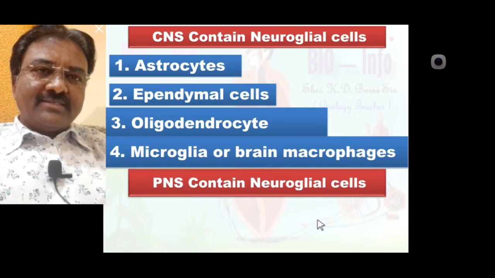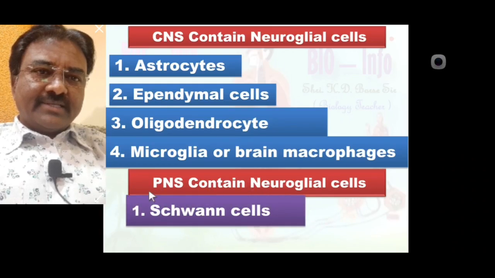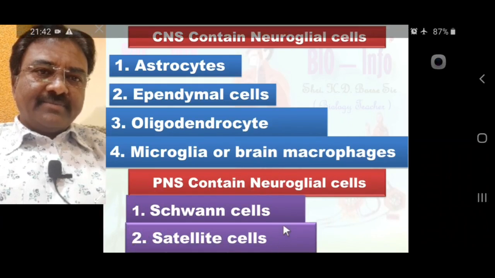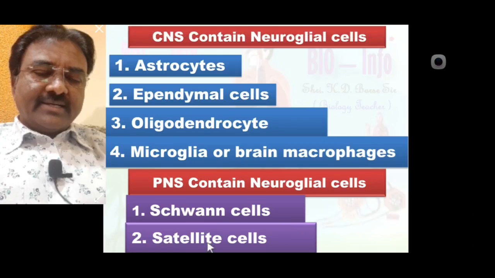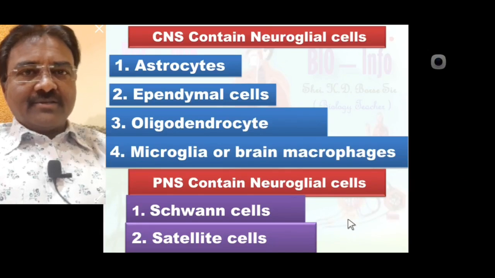There are 2 neuroglial cells present in PNS. Number 1, Schwann cells, and second, satellite cells. Means Schwann and satellite cells are present in PNS, peripheral nervous system, while these 4 types of neuroglia cells are present in CNS, means central nervous system. Hope that you understood everything.